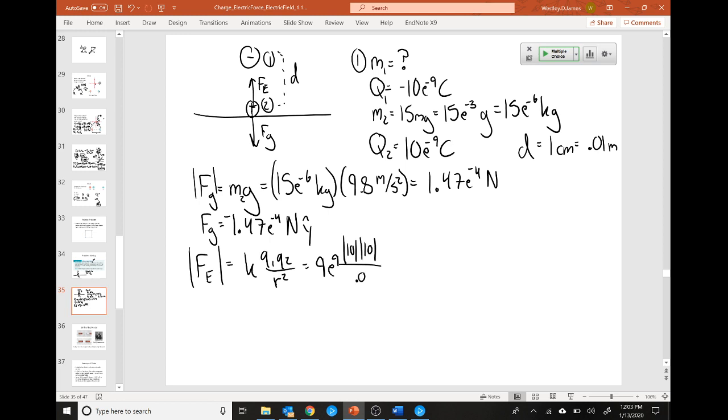Over 0.01 squared. Okay, so you may be like, why did I put the magnitudes of the charges here? That is because the only purpose of the positive and negatives in the charges is it tells you the direction of the force. If you're going to try to plug in the positive and negatives into this equation, that means you're also going to need to know the direction of r and put all that in there. So when I solve these problems, I prefer to just put them both as positive and define the direction as a second step.